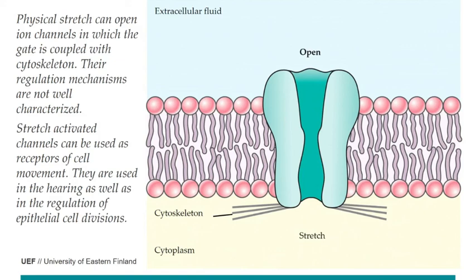If the cytoskeleton is physically bending the channel, it will be opened. This can be used for hearing or, for example, the regulation of epithelial cell division. If you lose your neighbor cell, that affects the tension of your cell membrane and triggers that you start the cell cycle.